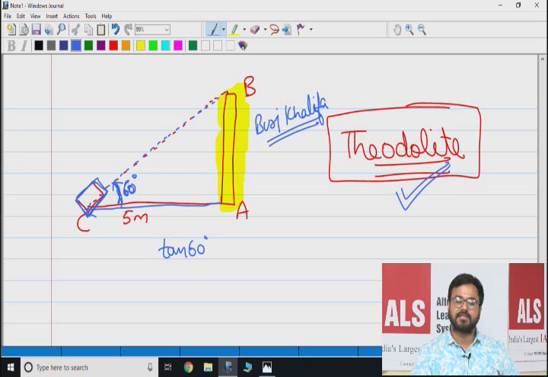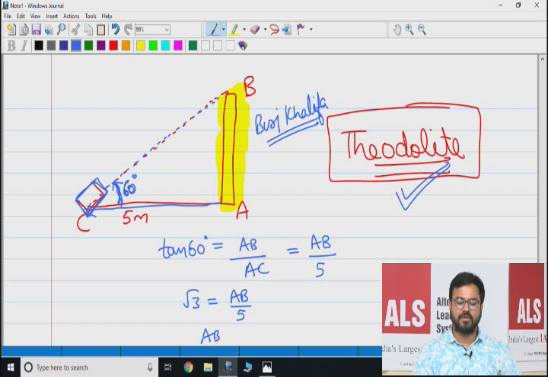Tan of 60 degree is perpendicular over base. Perpendicular is the height, which is AB, and base is AC. So AB upon AC is 5, and tan 60 is root 3. So root 3 is equal to AB upon 5, so AB is equal to 5 root 3. So 5 root 3 is the height of the Burj Khalifa.